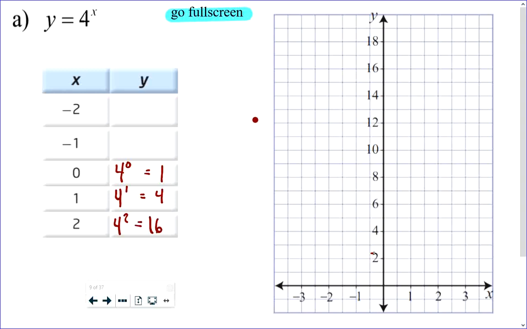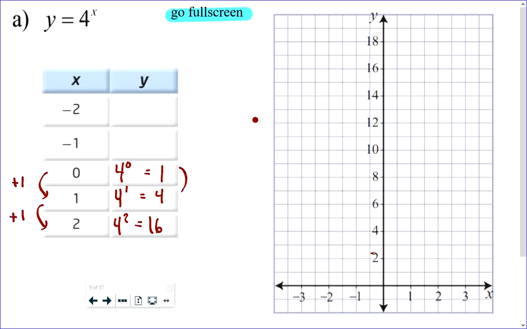And what I want you to notice, this is one of the major parts of this example, is that as x goes up by 1, y gets quadrupled, which means multiplied by 4. So we're going up by 1 in each of these for x.